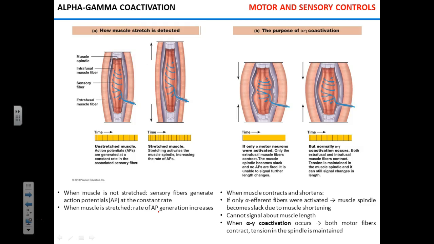And just a few words: when muscle becomes stretched, the rate of action potentials increases, and we perceive it as the sensation of elongated muscle.